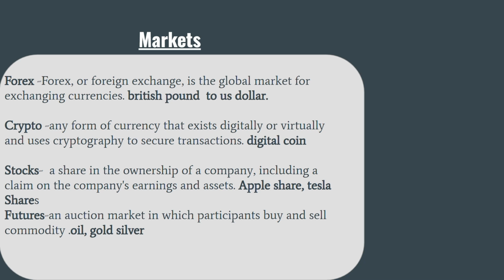But some currencies have different types of value. Like the US dollar might be a few cents below the British pound, or the British pound might be a few cents higher than the US dollar. So that is forex. Now there's crypto, the digital coin. Some of you guys remember Dogecoin, right?